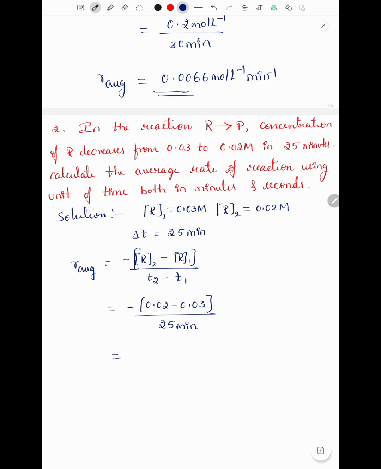Now on calculation, minus into minus becomes plus, 0.01 divided by 25. We get the value of average rate, that is 0.0004, or we can write this value as 4 into 10 power minus 4, correct? So I am just transferring this decimal to the right side. We get 4 into 10 power minus 4. Unit will be mole per liter per minute. Now the value is in minutes, hence the unit will also be per minute.